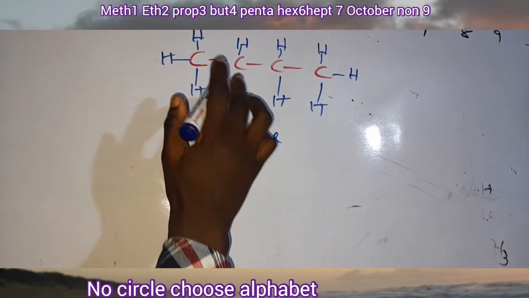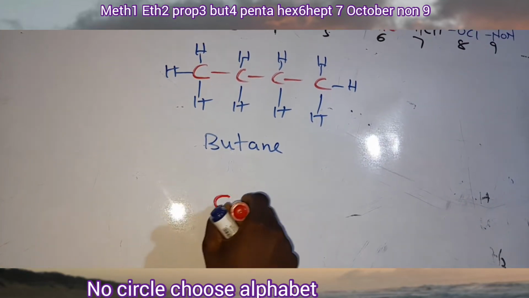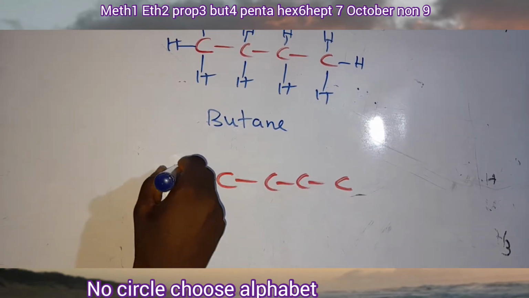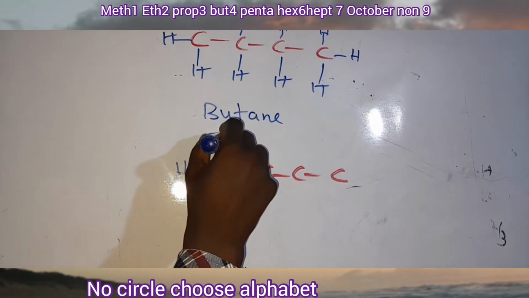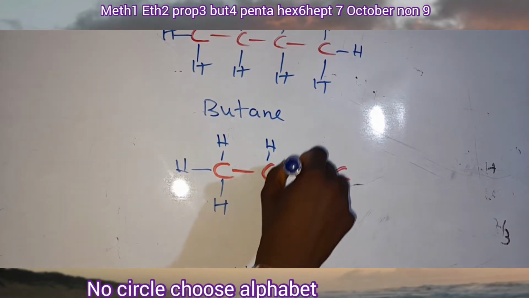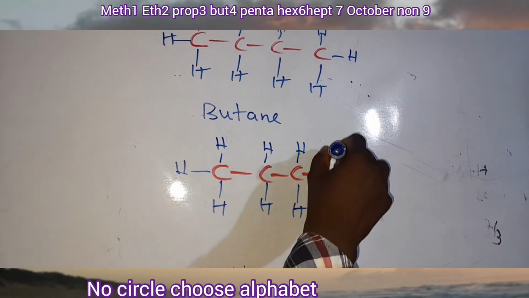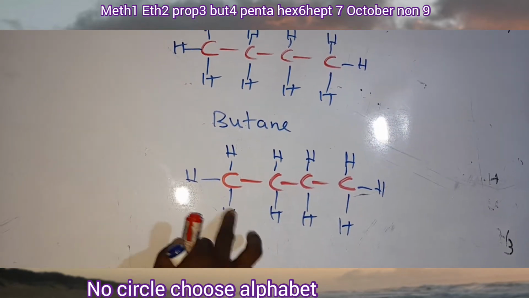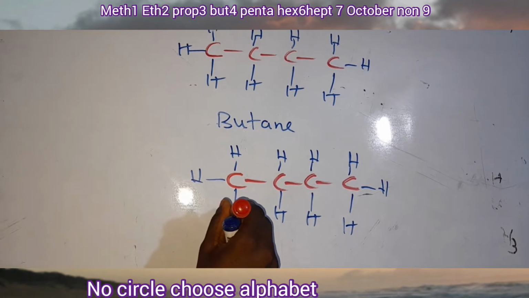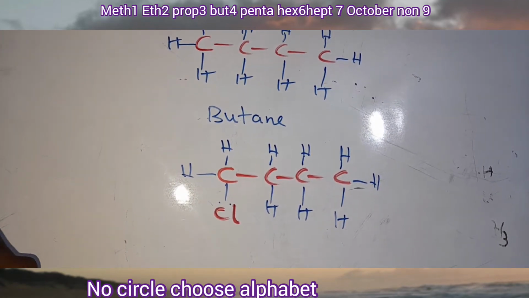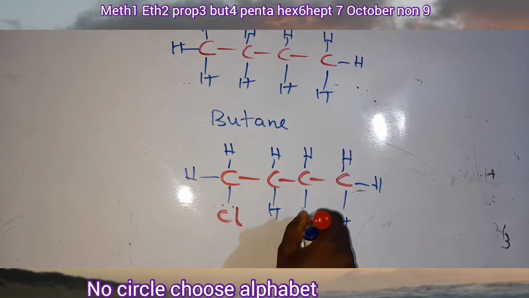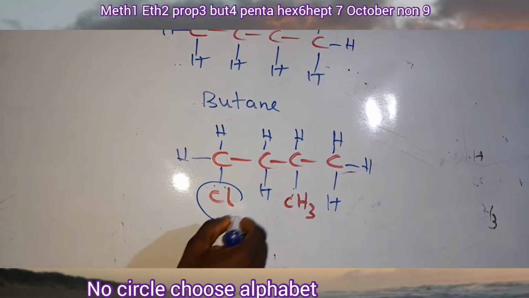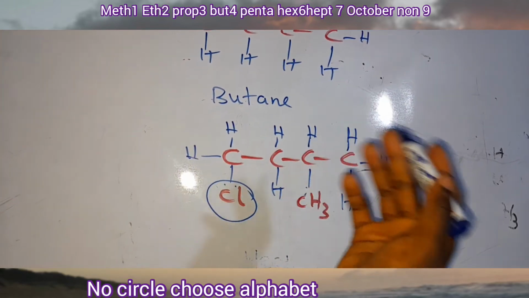This particular compound here, let's say we have it this way. We have this with C, C, C, C. Then we have H, H, H here, H here, H here, and so on. Now, if this one is replaced with a compound, let's say Cl, and then we have this replaced by CH3, now we will call this particular one a substituent, like substitution.